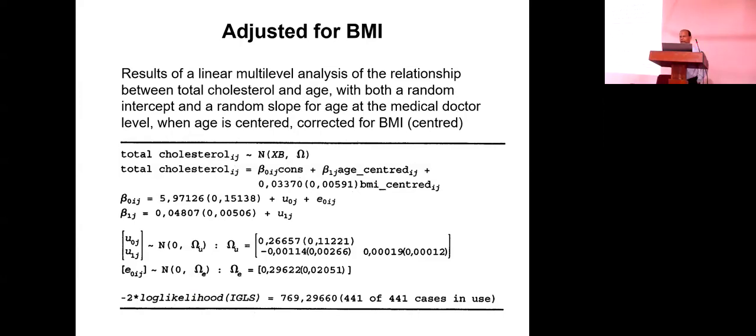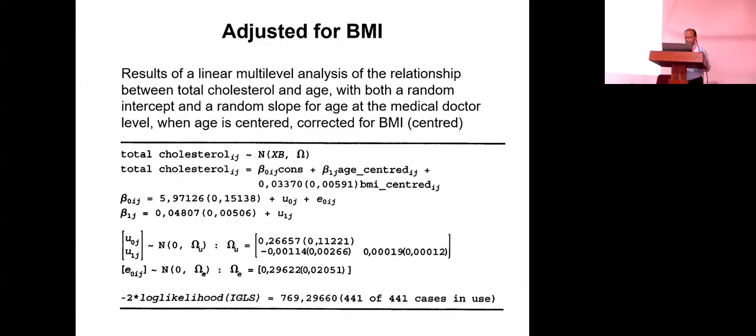So we wanted to have BMI in the analysis. When you have this kind of covariates which are related to age or cholesterol or whatever the dependent variable, it is better you start off with the full regression model, and allow the random intercept and random slope to change. Then we will not make any mistakes in the final conclusion.